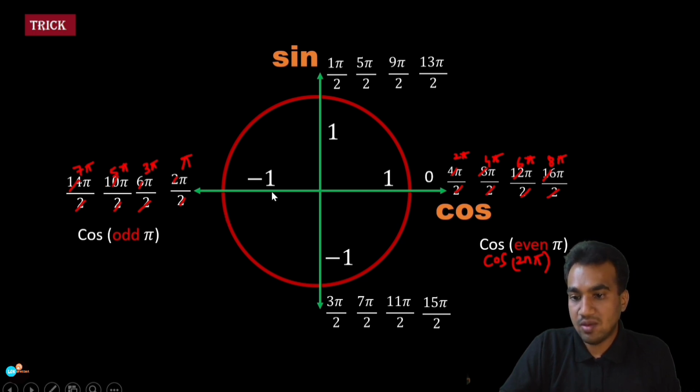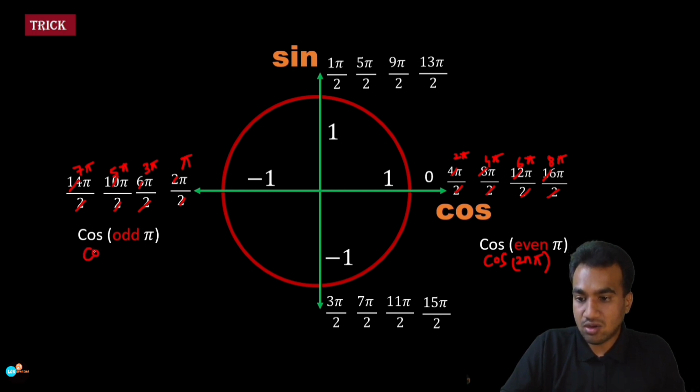Cos 7 pi is -1, cos 5 pi is -1, cos 3 pi is also -1, cos pi is also -1. In general, instead of odd we can write 2n plus 1 pi. n may have the values 0, 1, 2, and so on. So cos odd pi is always equal to -1.